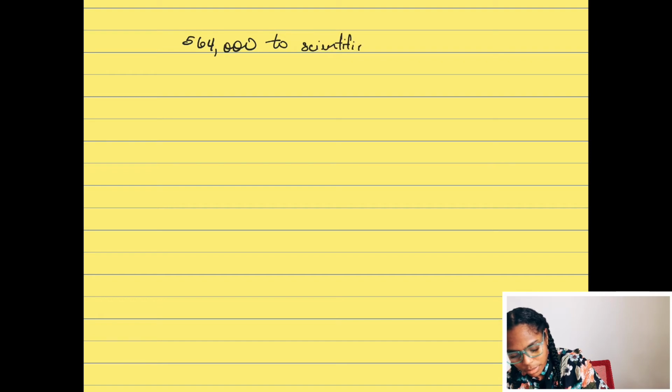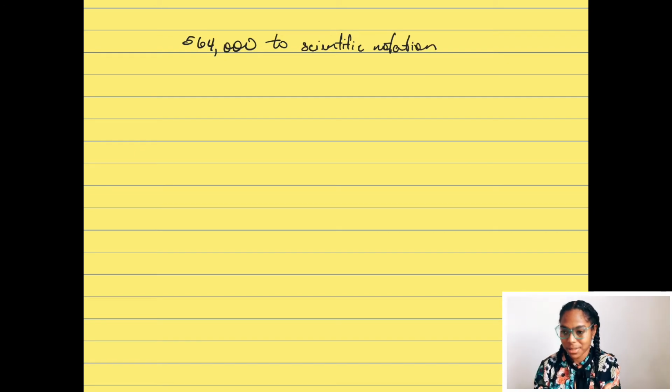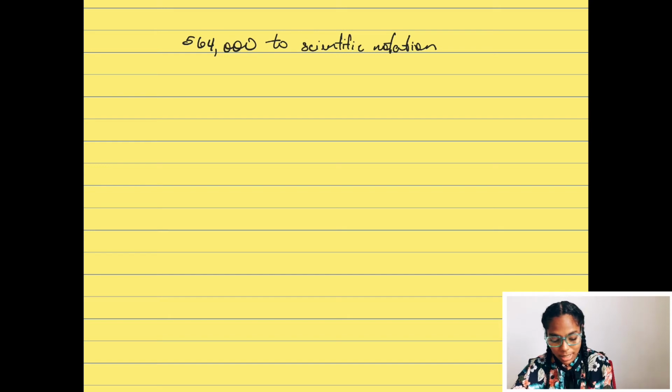So we have 564,000. When you have a number like this, it's understood that the decimal point is at the end of the number.